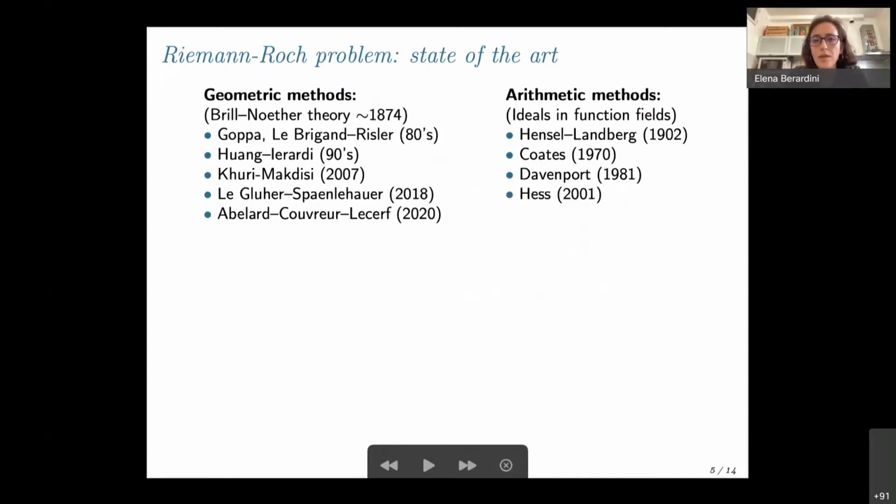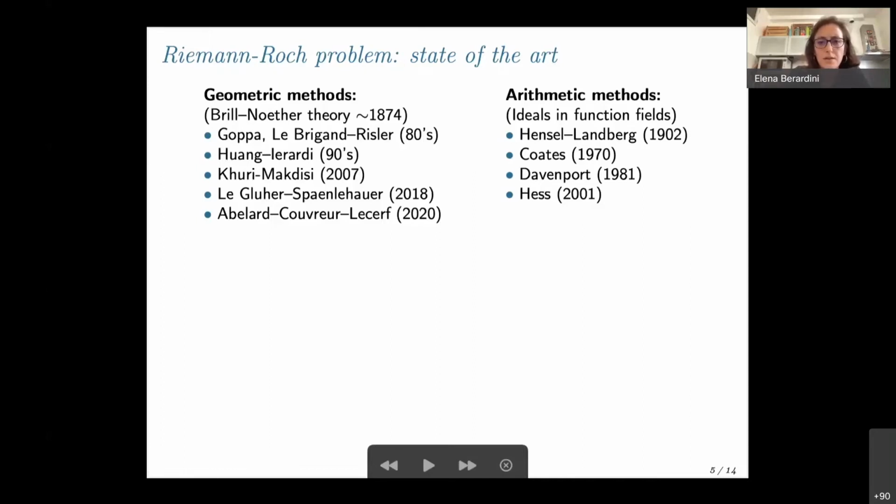In general, we split into two different methods in the state of the art. I will be focusing mainly on the first one, so geometric methods that come from the theory of Brill-Noether developed in 1874.